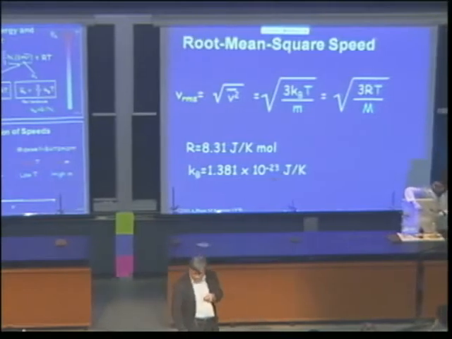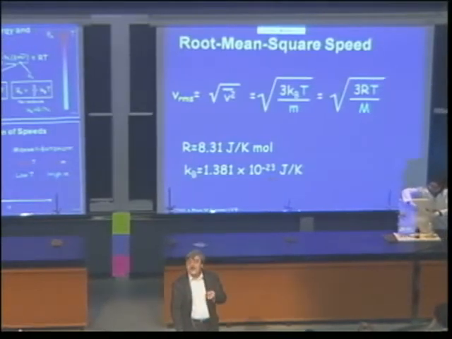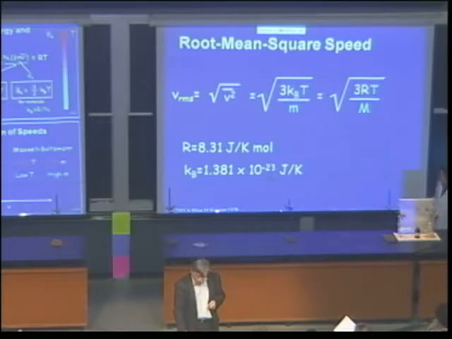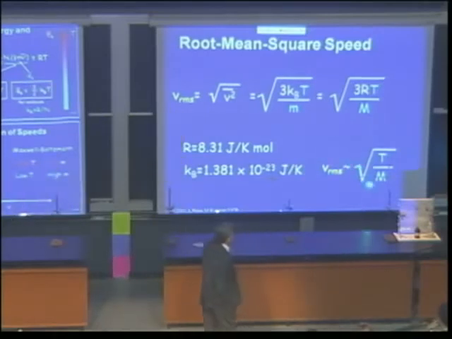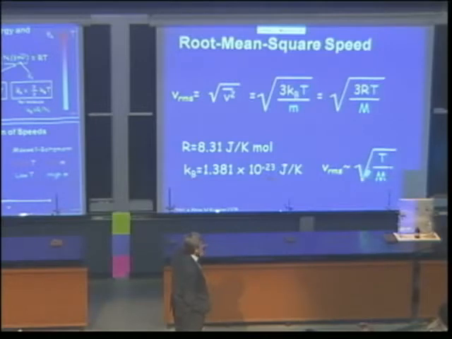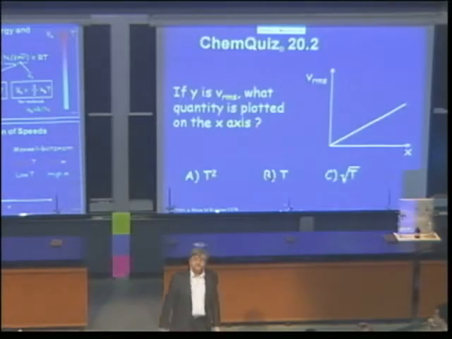So we have defined now the root mean square speed. We just took the root of the mean square speed to get the root mean square speed. It is proportional directly to the root of T and inversely to capital M, all right? So let me give you a question.